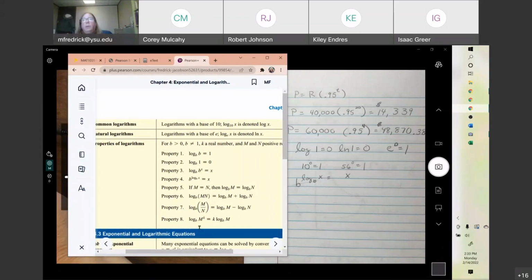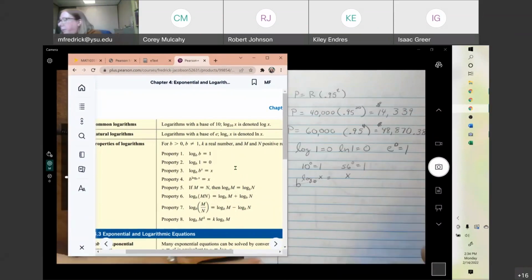So if we were solving for 5 to the x, if we took the natural log of both sides, we could bring that x down and solve. And so we use that a lot. Now these all say log, but the rules for the natural log are exactly the same. So the natural log of m times n is the natural log of m plus the natural log of n. So they're the same rules, whether it's a log or a natural log.